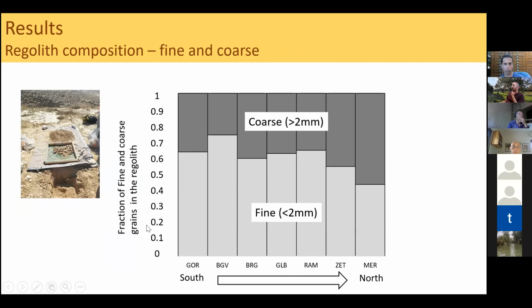Okay, regolith composition. As I said, we sampled soil in each of the study sites, and we sieved it into coarse and fine material. The first thing I want to show you is that we found that coarse material, which is bigger than 2 millimeters, is between 25 and 50% of the soil mass.